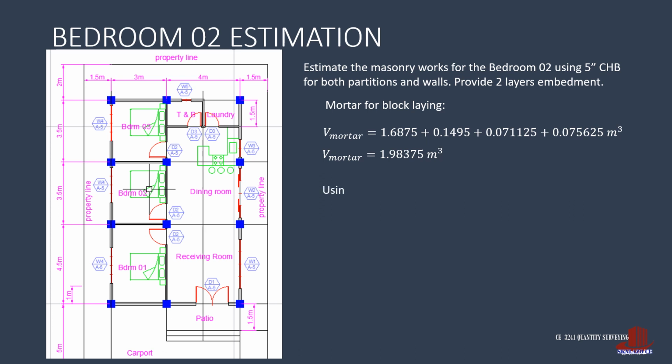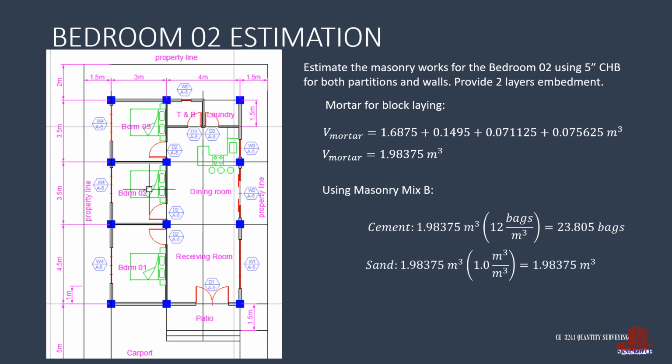By using Masonry mixture B, the cement quantity is then the volume times 12 bags, which becomes 23.805 bags. Sand is then 1.98375 times 1, becoming 1.98375 cubic meters.